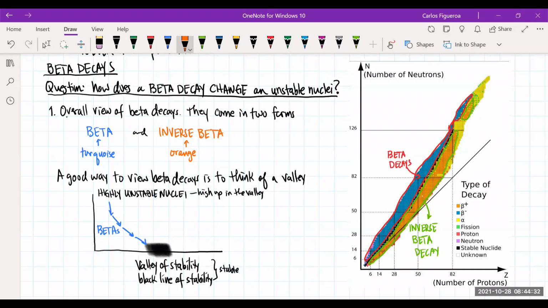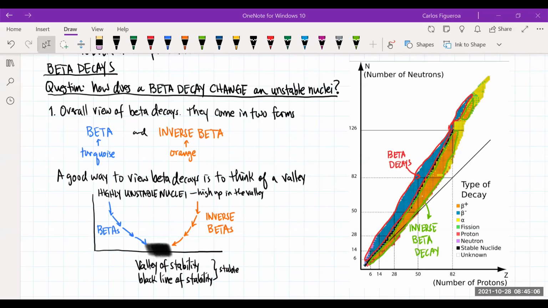And then if I look at the other side of the valley, it's a different process that actually happens, but you still have highly unstable particles. And as they decay, they continue to decay all the way down to the valley. And that region is the region of the inverse betas. I didn't come up with this graph.